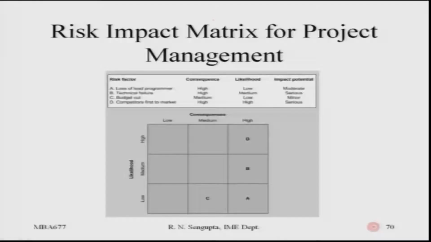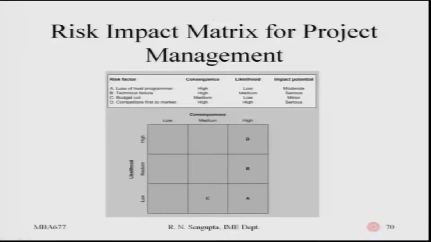So, if we come to this slide just after my last class, it is the risk impact matrix for the project management concept. You will have the consequence and the likelihood of how the project is being implemented. Now, if you look at the matrix, the y axis is the likelihood, and on the top, the x axis, are the consequences.